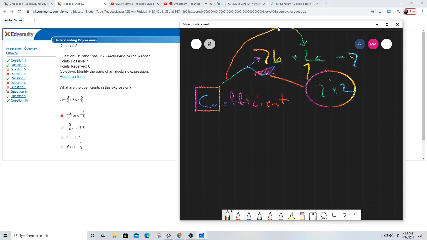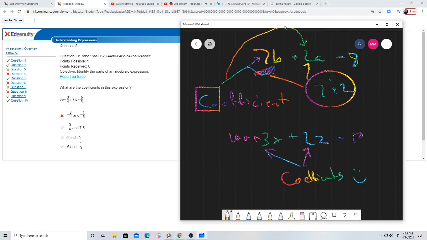I should have made this a different number, like 8. If I have like 3x plus 2z minus 10, 100 plus, my coefficients are just in front of the variables, right?